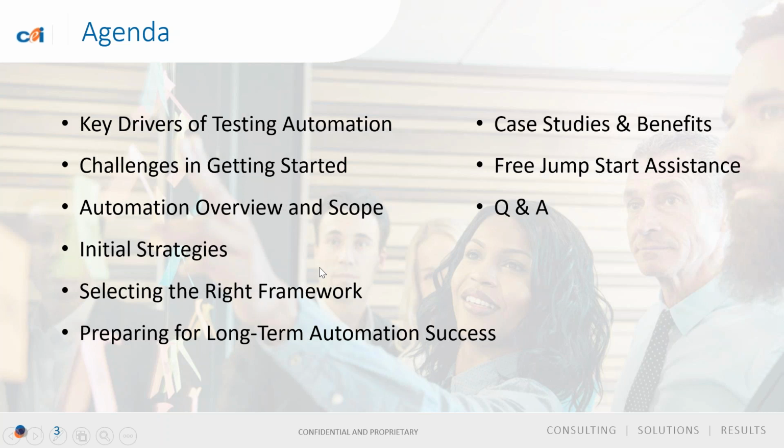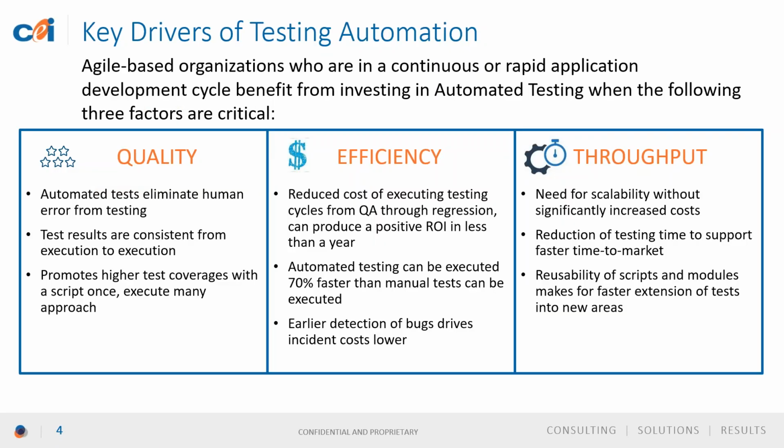Let's go ahead and talk about the key drivers of automation. In general, the drivers of automation can be rolled up into three categories. We have quality, we have efficiency, and then throughput. As you would imagine, quality is all about improving the testing and the resulting code that it supports.